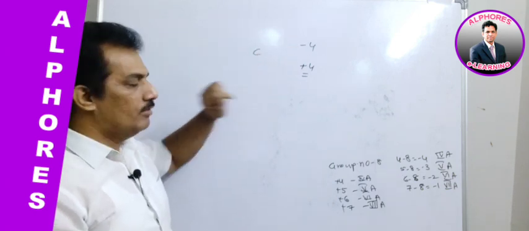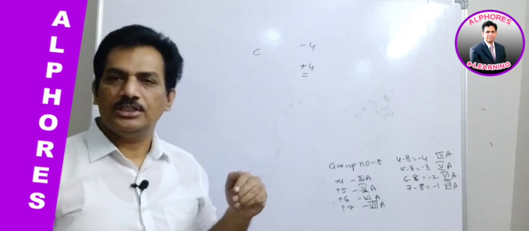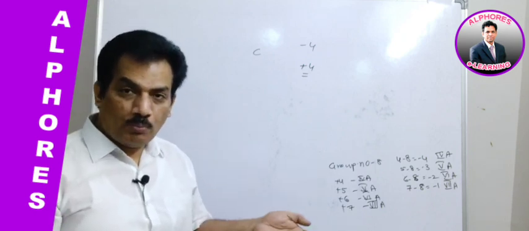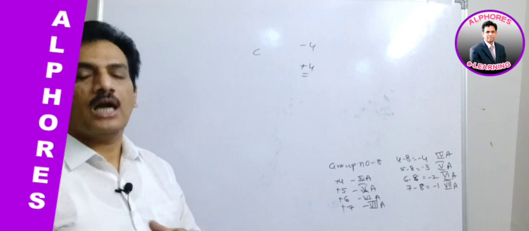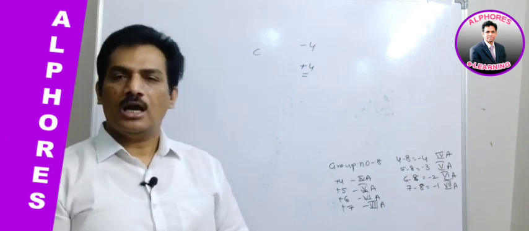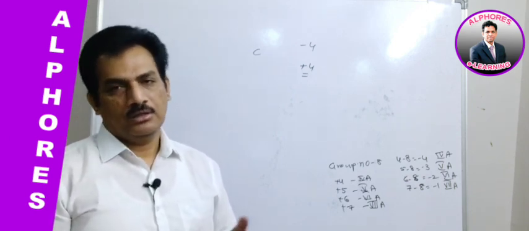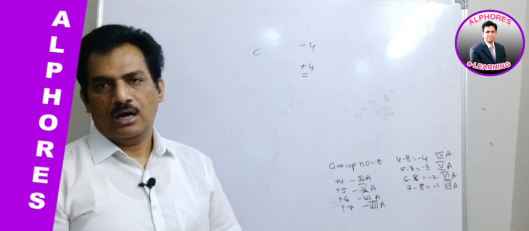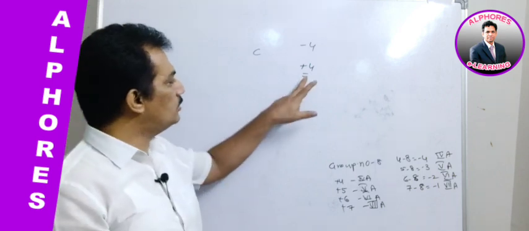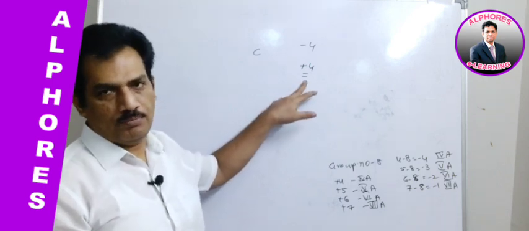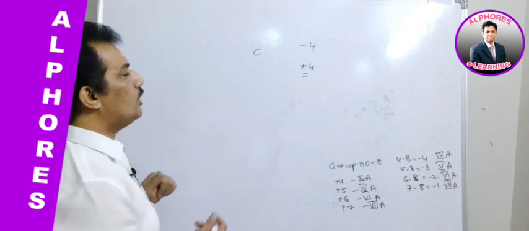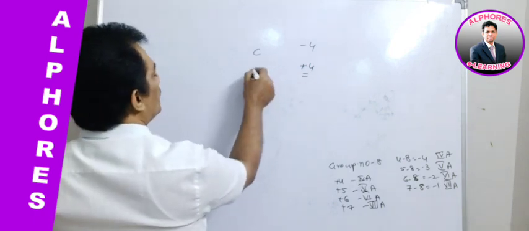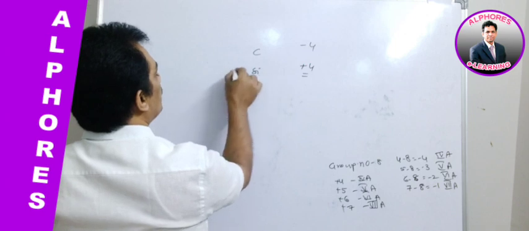And you remember, when carbon is in connection with more electropositive elements, that is nothing but metal carbides, in metal carbides it is supposed to exhibit minus oxidation state, and in all its normal compounds, it exhibits +4. Clear?